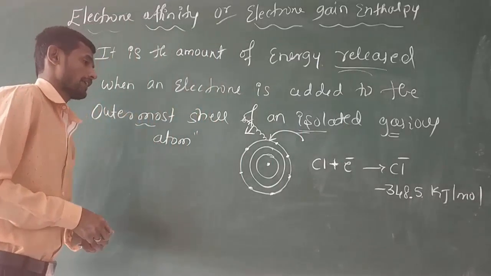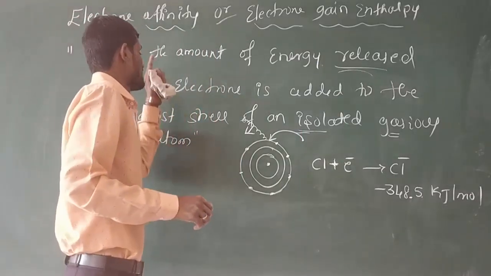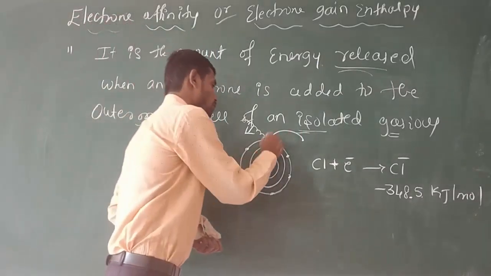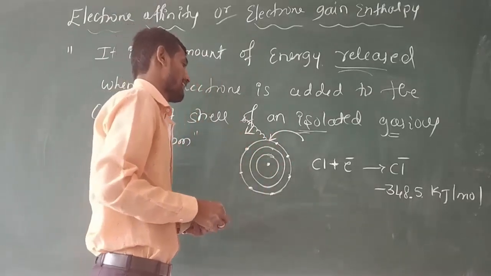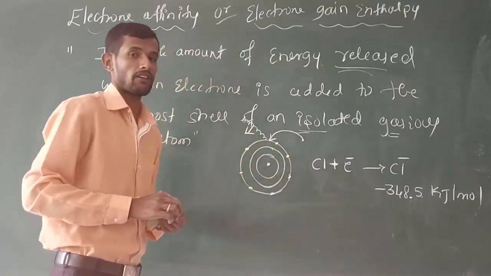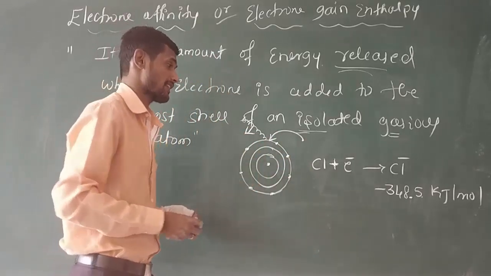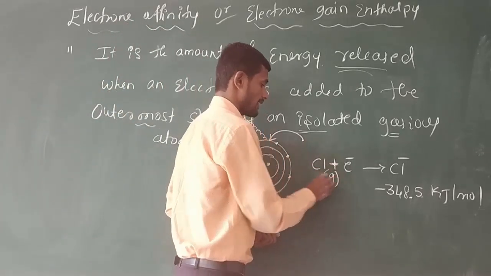Students, remember what is electron affinity? It is the amount of energy released when an extra electron is added to the outermost shell of an isolated gaseous atom. Remember students, here it is in gaseous form.